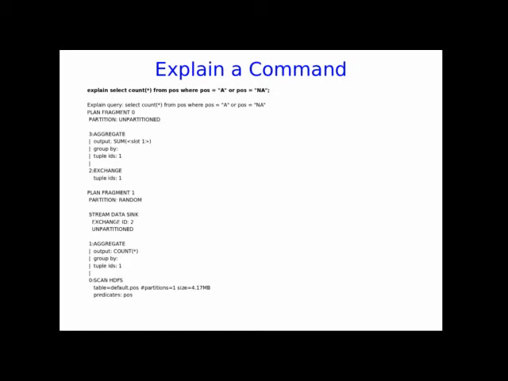My command here is select count star from POS where POS equals A or POS equals NA. What this says is count all of the parts of speech where the part of speech is equal to A or NA. You select those rows and count them. And explain here just shows you what's happening.